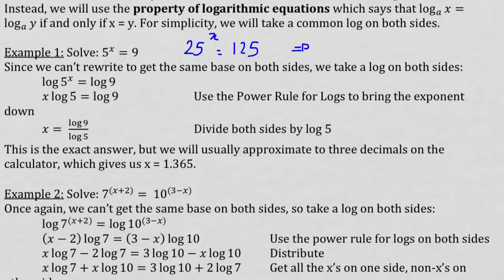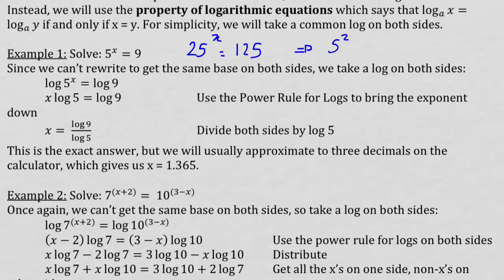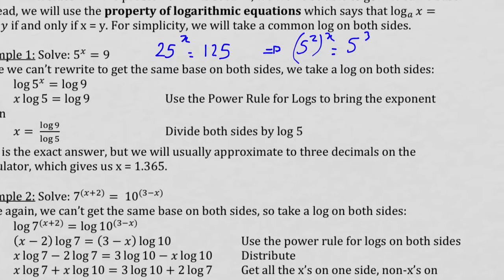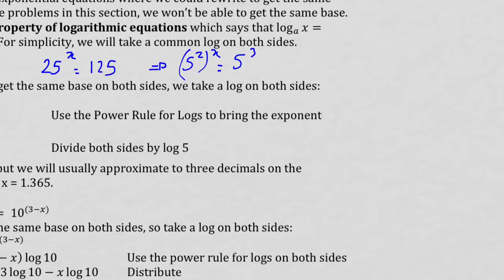Base 25 could be 5 squared to the x, and 125 could be 5 cubed. Okay? And because you can work out each base, you realize that using the rule of exponent, you are going to end up with 5 to the 2x equal 5 cubed.